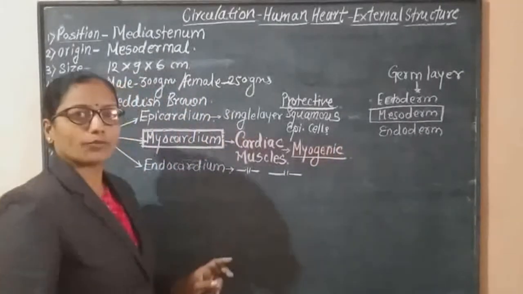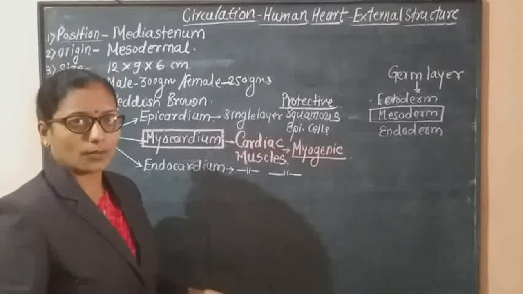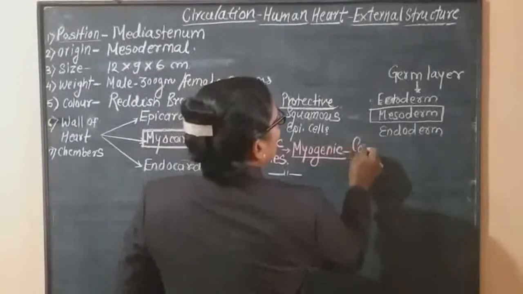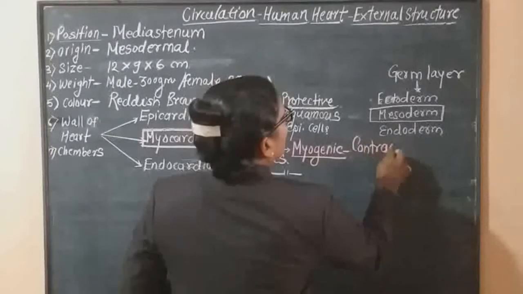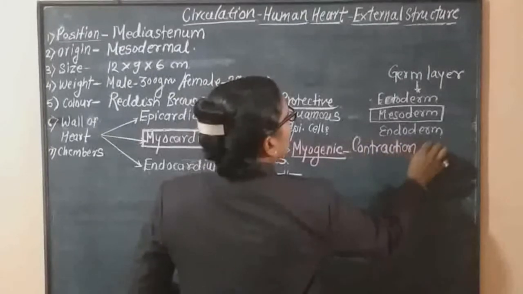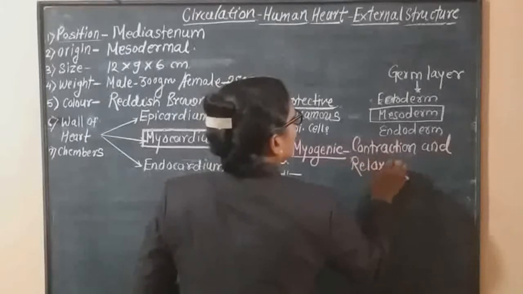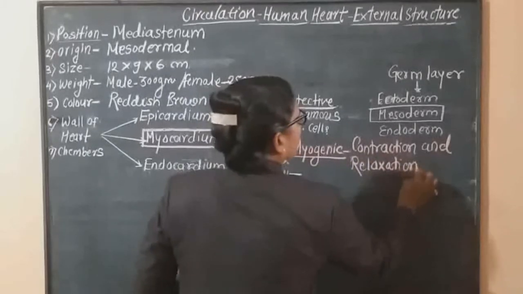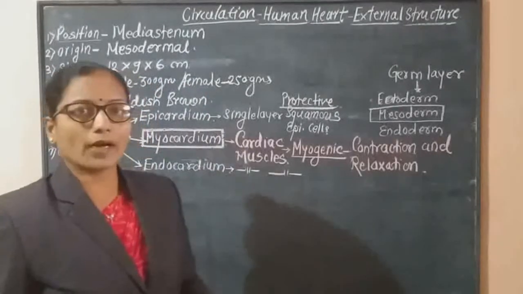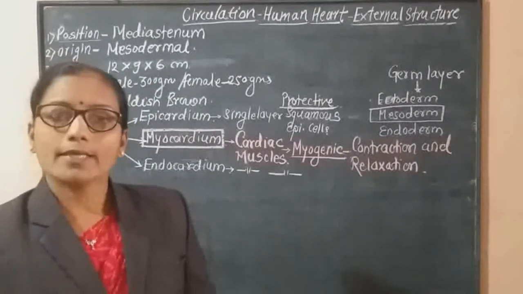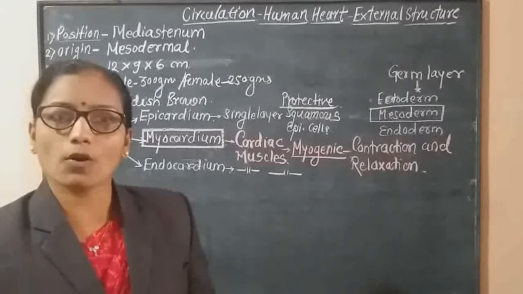What is the nature of the human heart? It is myogenic. These cardiac muscles are responsible for rhythmic contraction and relaxation. You know that the human heart is a pumping organ and it is responsible for the circulation of blood.